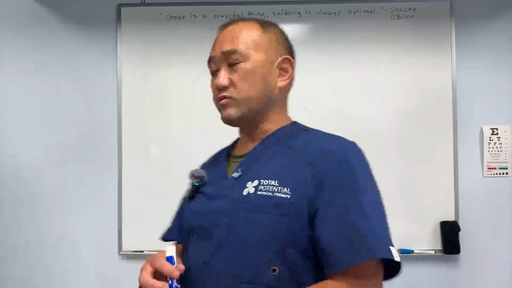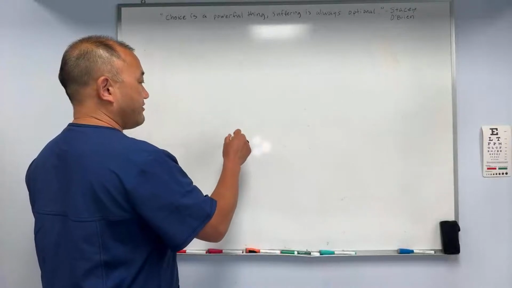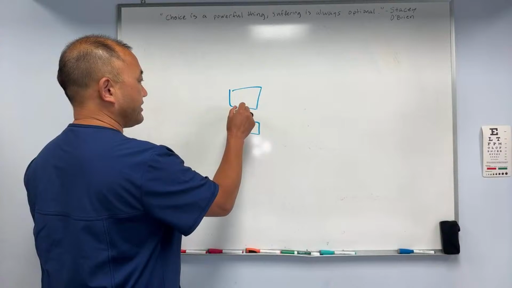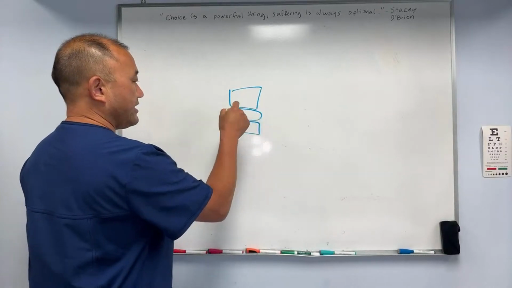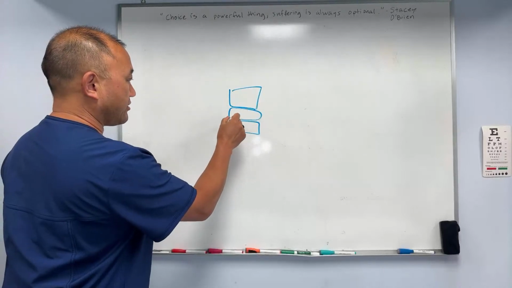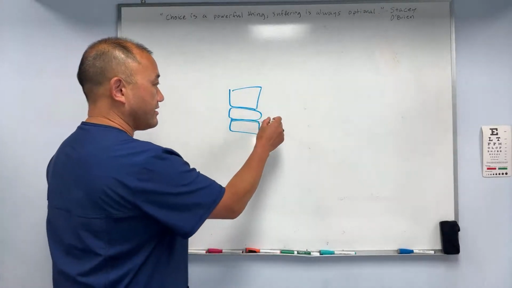Here's what I mean. We have the spine, and we have the disc. In between, there's an interface of tissue called the end plate.